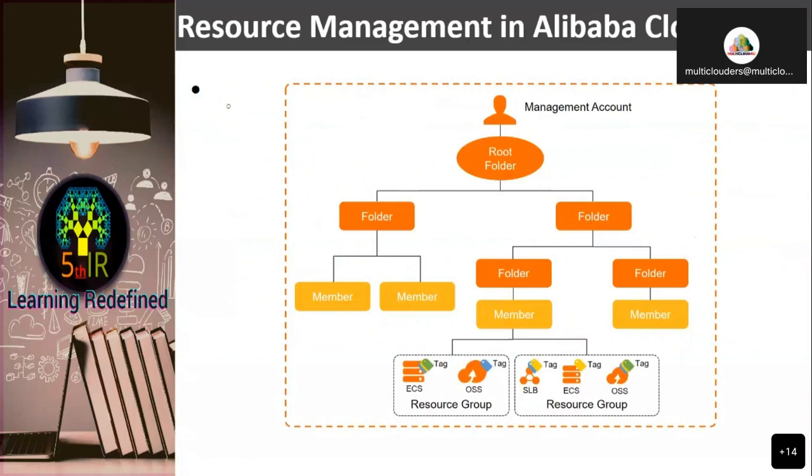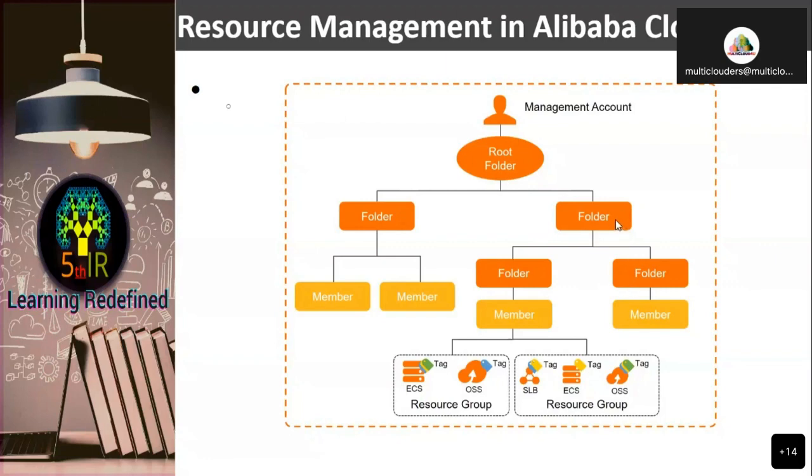This is an overall architecture for resource management in Alibaba Cloud. You can see a root folder, that is, a root account will be there. You can create different folders based on the organization structure. For example, you can consider one folder for the accounting department and another folder for the auditing department, and you can create further folders based on your organization structure.